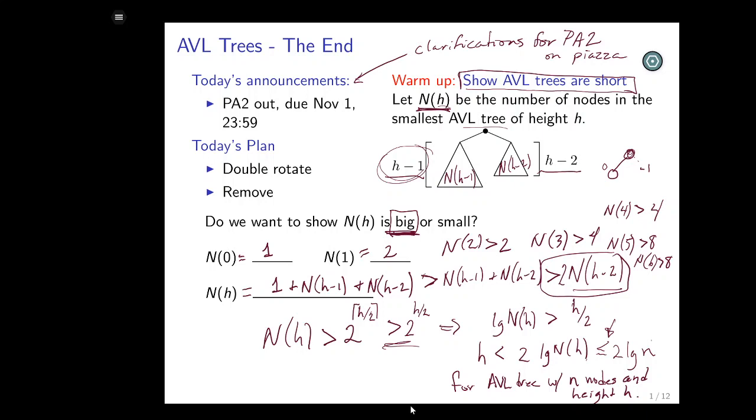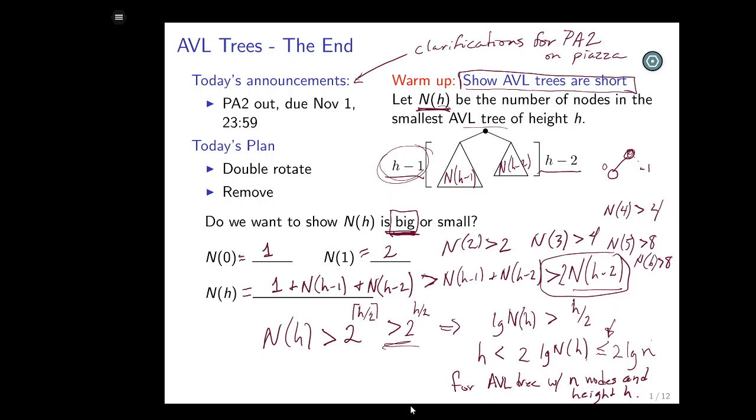Oh, the intuition. What we showed was that the smallest AVL tree of height h has to have a lot of nodes in it. That means that any AVL tree of height h has to have a lot of nodes in it. A lot of nodes is 2 to the parameter h over 2, and that's where we get the relationship between height and number of nodes.